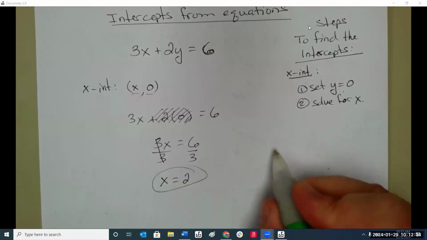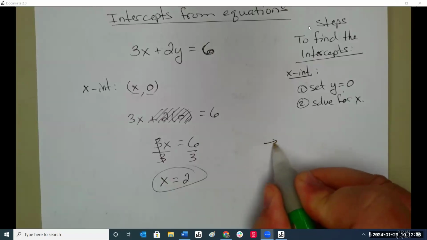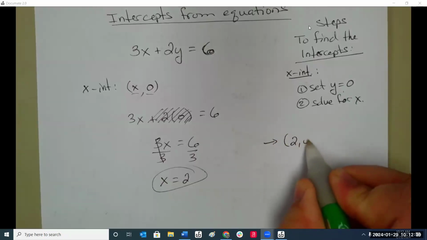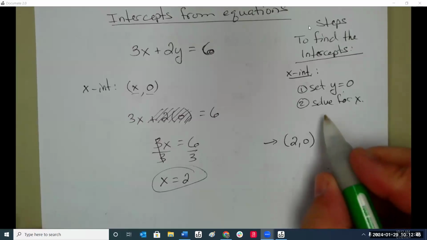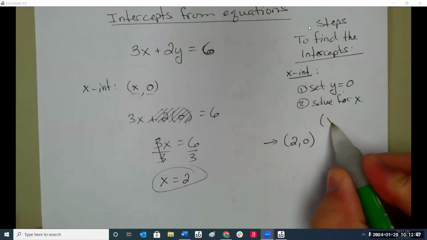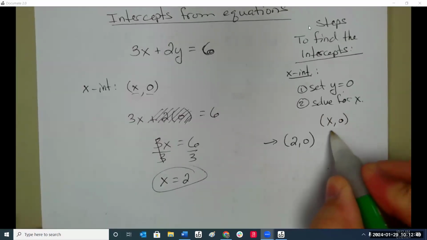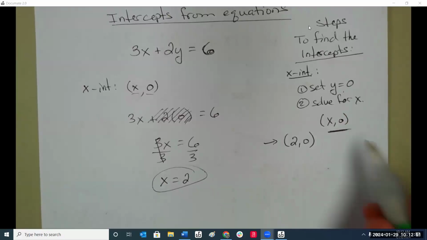So my x-intercept is at (2, 0). Your x-intercept always has to have a 0 in the y value.